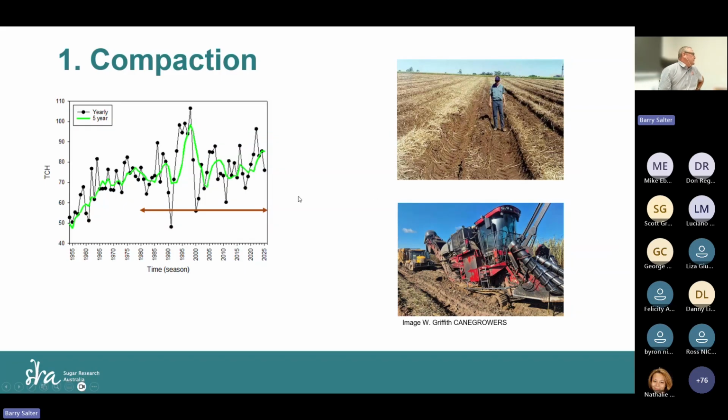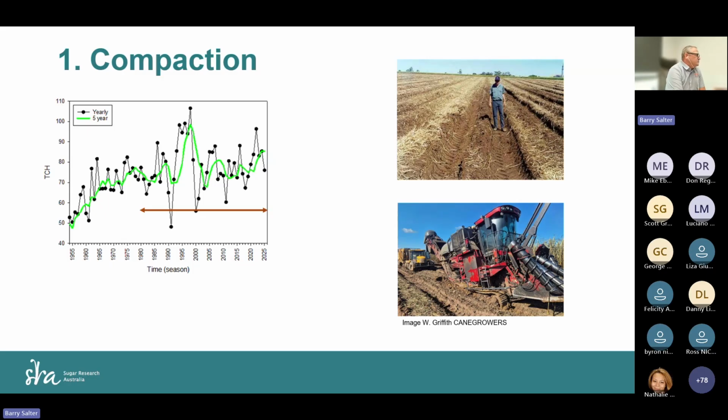Now, the interesting thing is that you can see that same figure again with the yields over time, and that brown arrow is the period of time where the industry is basically being 100% mechanised. So the question is whether or not the machinery that's now going into our paddocks, and how heavy it is, is partly responsible for why we haven't been able to increase yields.